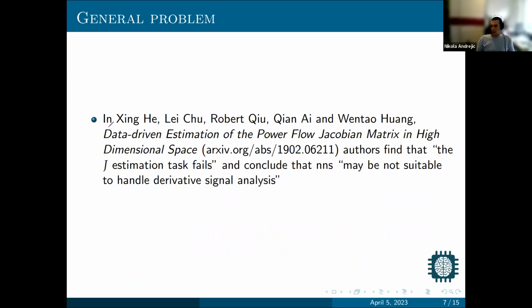Okay, so the authors also cite one of the papers that tries to employ this naive approach of approximating Jacobians from approximating the functions themselves, and in that study they conclude that this task fails, and basically that networks may not be suitable to handle derivative signal analysis.